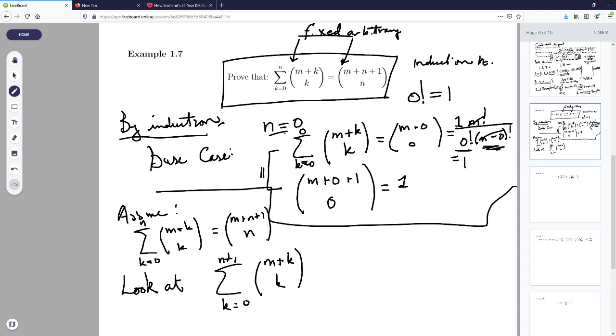What we know is that this thing can be broken down. It is equal to the sum from k equals 0 to n of m plus k choose k, plus one term on the outside. So we've split the n plus 1 term off. Remember we're plugging in n plus 1 for k, so it's plus m plus n plus 1 choose n plus 1.